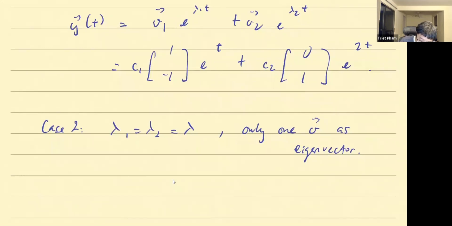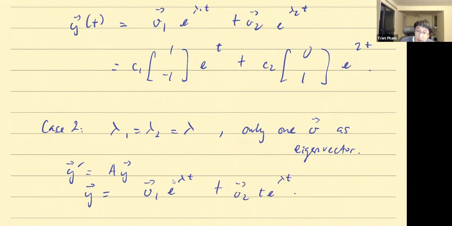The abstract structure is that when we look at y prime equals A y, you let the solution y be v1 e to lambda t plus v2 t e to lambda t, like that. No c1, c2 in front. That's what messed me up last time.